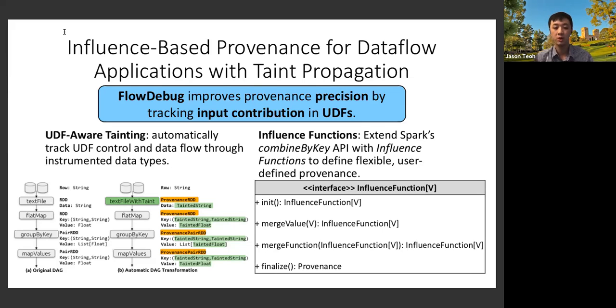Similar to Spark's combineByKey API, we open up a combiner-like influence function API that allows users to define what kind of provenance they're interested in capturing for individual aggregation operations and key groups. Because it's designed to be flexible and easily configurable, the influence function API also depends on how developers leverage their own insight and knowledge about the application to define those influence functions. If you go to the next slide, please.